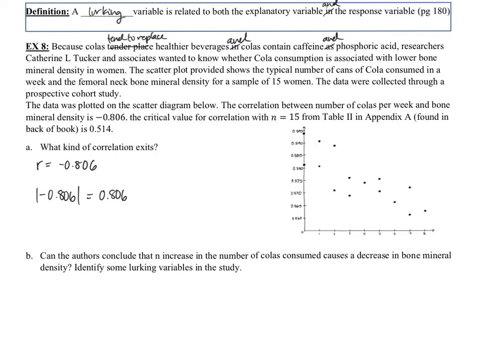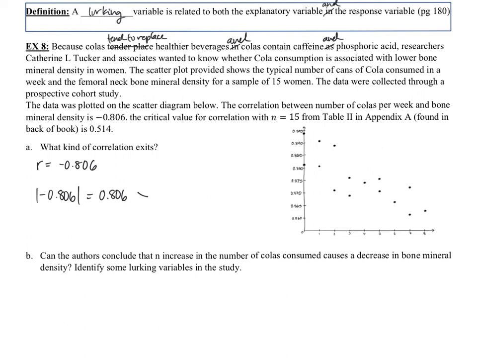Then what do I want to do? I'm going to compare it to my critical value for my sample size. So my sample size was 15 because we had 15 women. And the critical value given from the table is 0.514. So ask ourselves, is 0.806 larger than 0.514?